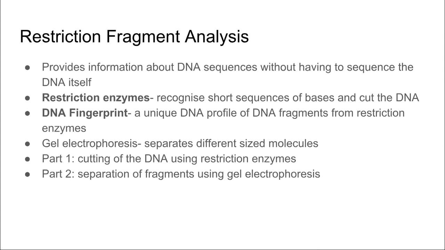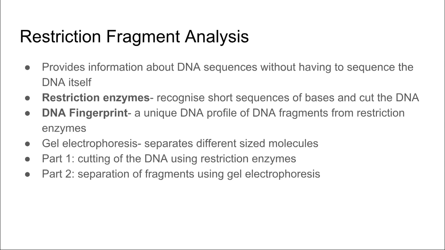Restriction fragment analysis can provide us with information about DNA sequences without actually having to sequence the DNA itself. We use restriction enzymes, and these are enzymes that can recognize short sequences of bases and then cut the DNA at that specific section. A DNA fingerprint is not the fingerprint that you might usually think of, but a unique DNA profile of DNA fragments from restriction enzymes.